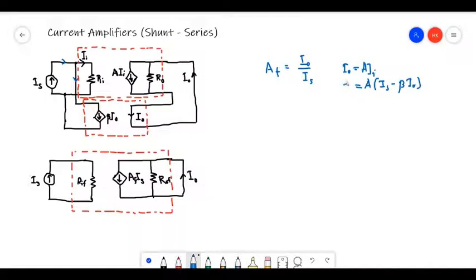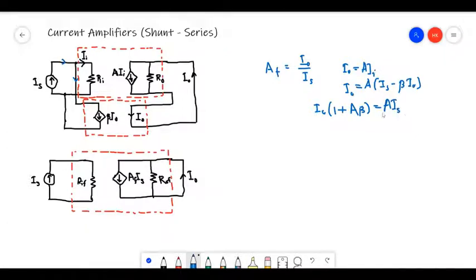So this is equal to I out, and I can take I out as a common factor. So it will be I out times 1 plus A beta equal to A IS.